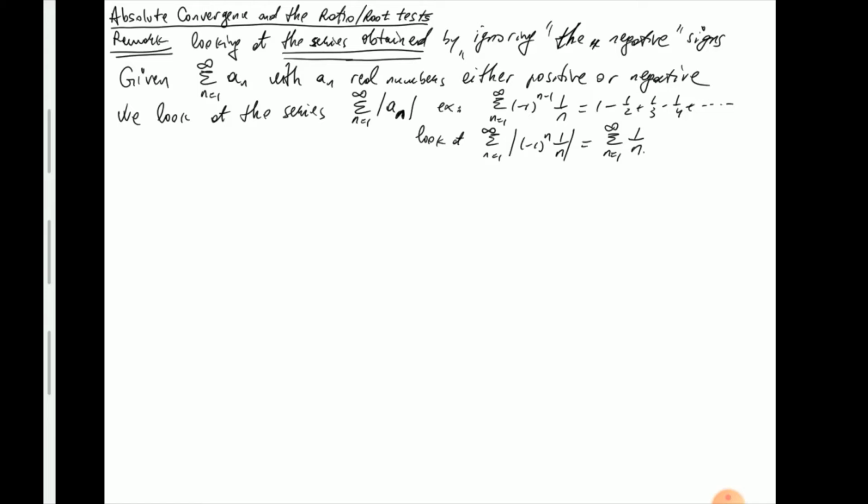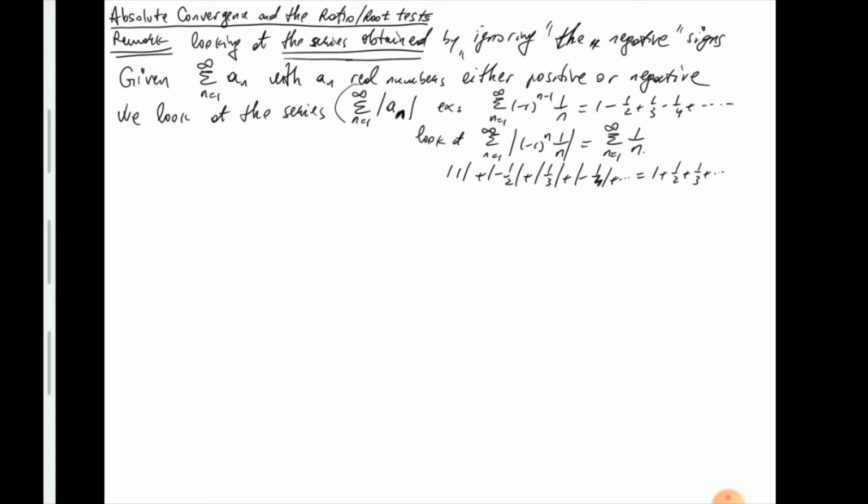If we expand this, that's the absolute value of 1 plus the absolute value of minus 1/2 plus the absolute value of 1/3, the absolute value of minus 1/4, and so forth. This essentially becomes the summation of 1 over n.